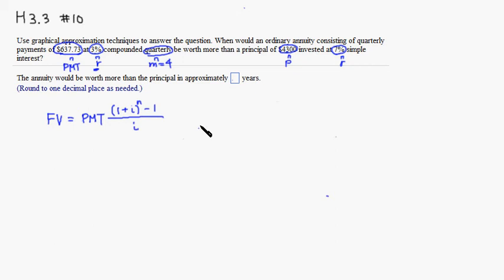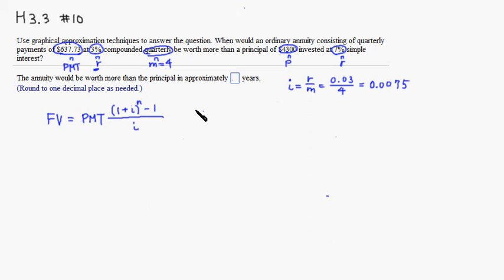So we have to do a little bit of calculation. In this case, i is always r divided by m. R in this case is 3%, so 0.03 over 4, which comes out to be 0.0075.